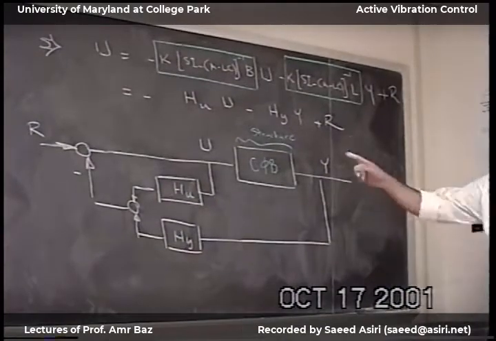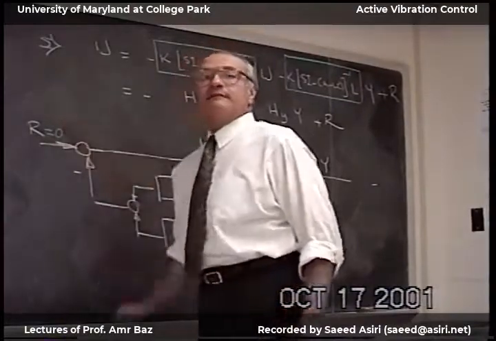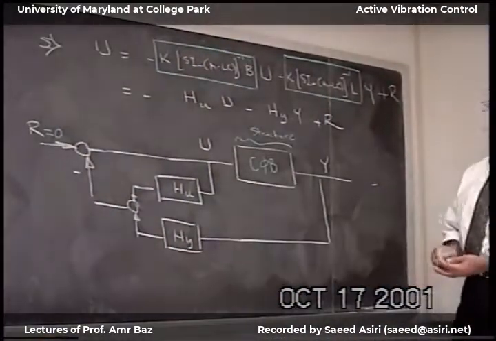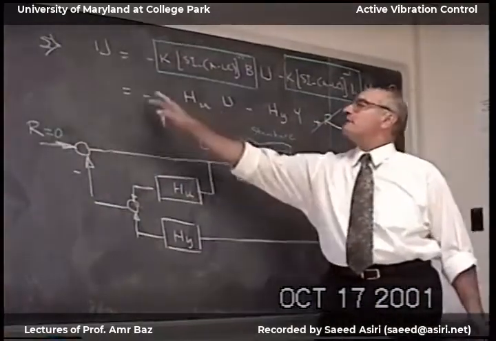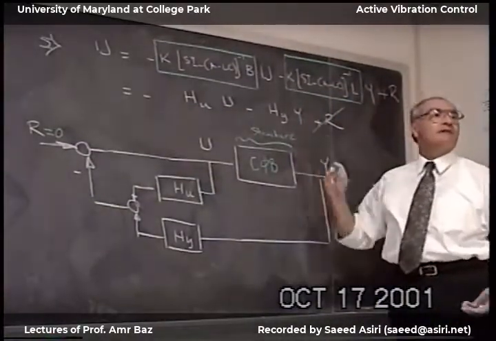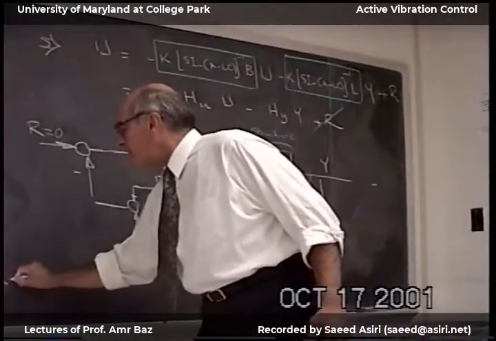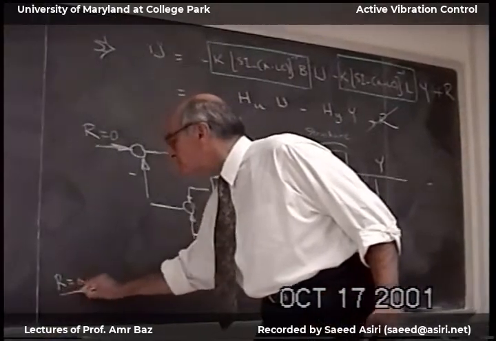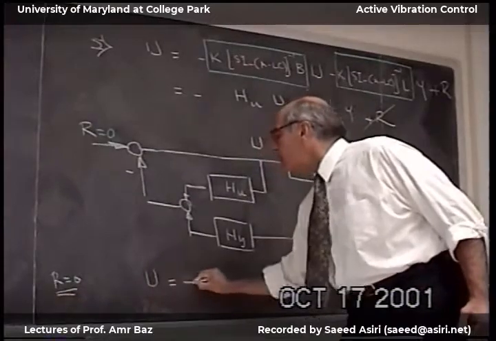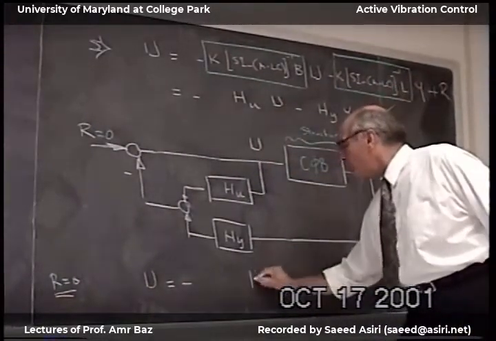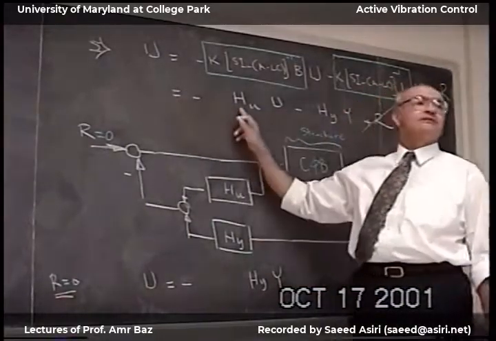Now I'm going to do the same as the LQR. I'm going to make this R equal to 0. When R is equal to 0, this term will drop out. And then I'll group the U's and the Y's on one side and the other side. When R is equal to 0, then U will equal minus H_Y Y, with I plus H_U inverse.